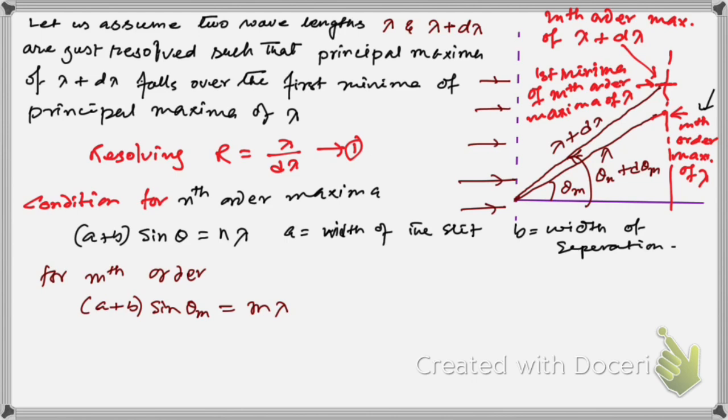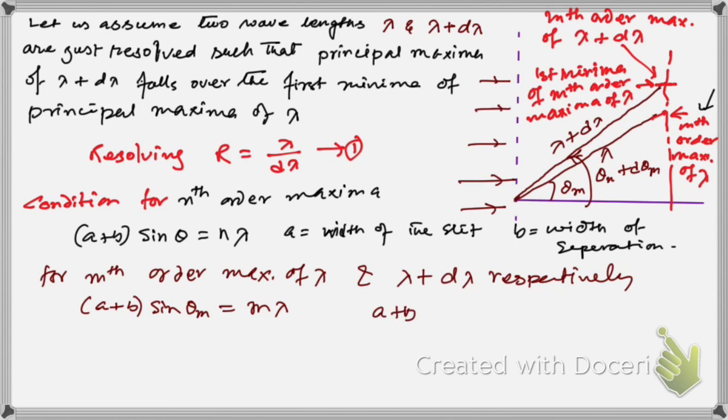For the mth order maxima of lambda, and similarly the mth order maxima of lambda plus d lambda, it will be given by (a plus b) sine of (theta m plus d theta m) equals m into (lambda plus d lambda).